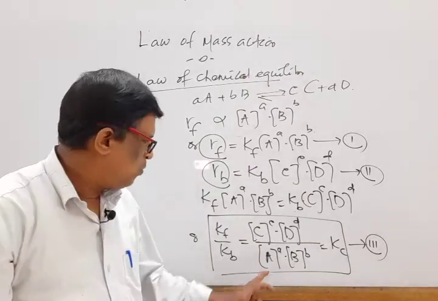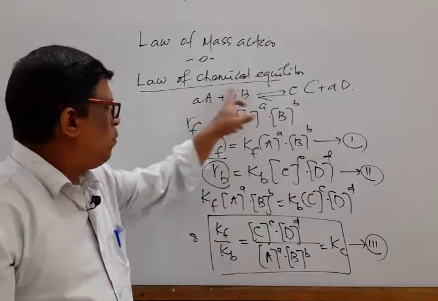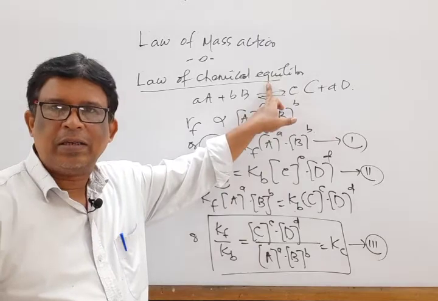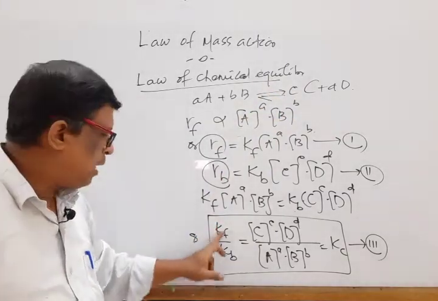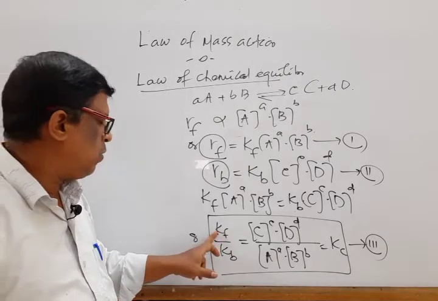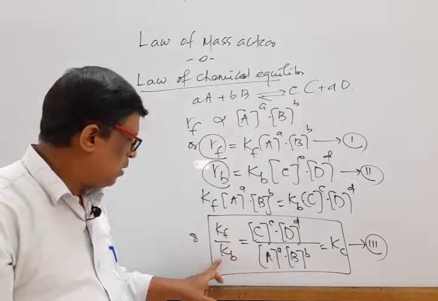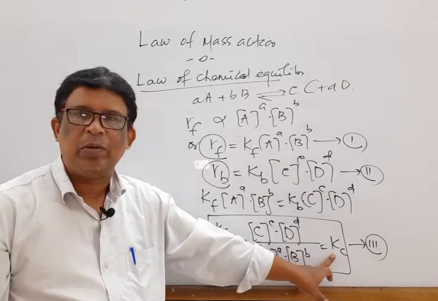Observe that from equation 3, the law of chemical equilibrium may be defined as the ratio of the rate constant in the forward direction to the rate constant in the backward direction, which is known as the equilibrium constant.